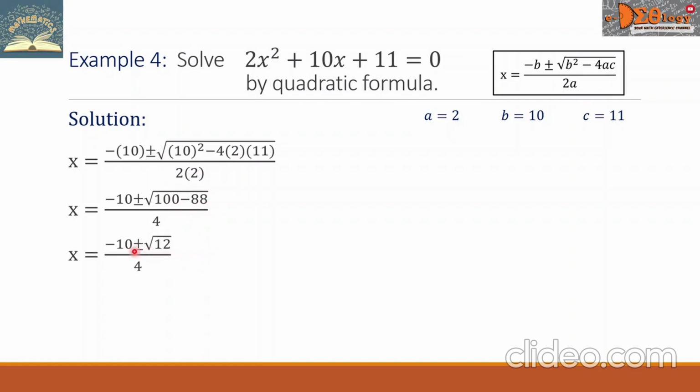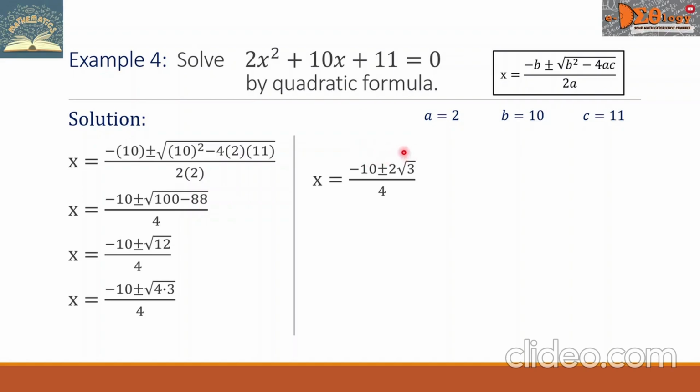Now we simplify the square root of 12. This is not a perfect square number, so we simply take the factors of 12, one of which must be a perfect square number. So we have the square root of 4 times 3. And we know the square root of 4 is 2. We can pull it out of this radical sign. So we have now 2 square root of 3. In the numerator, there is a common factor, and that is 2.